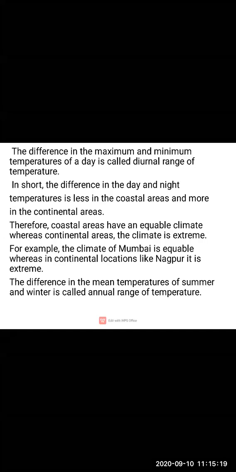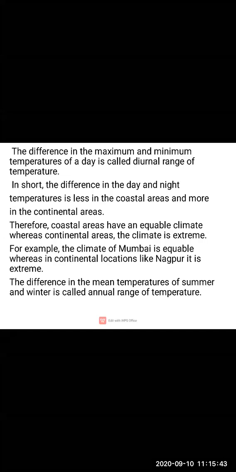I'll tell you what happened in the case of Nagpur. The maximum temperature during the summer season goes up to 48 and 49 degrees Celsius. So you can imagine how dry the air in that region is, and how intense and extreme the climate is.